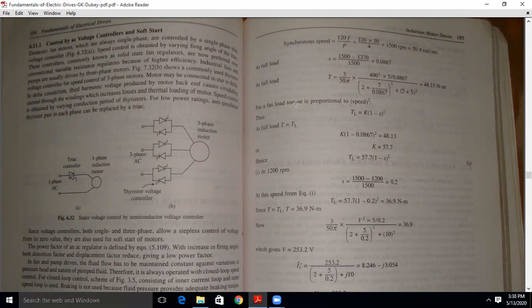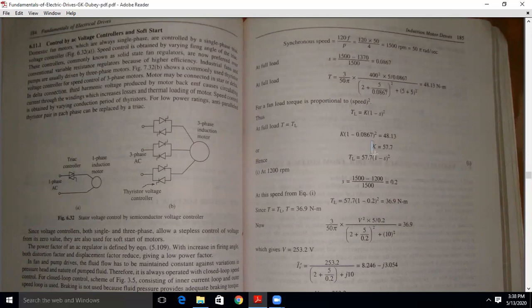So for fan load, torque is proportional to speed square. So TL is equal to K (1 minus S) square. Now we have that TL value and that S value, and we can calculate the K value.